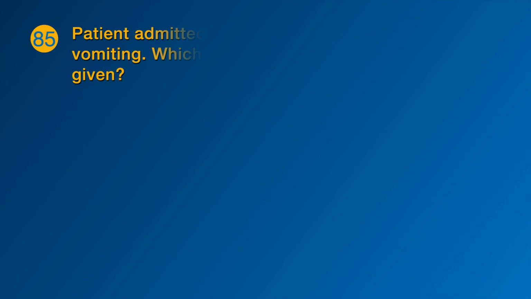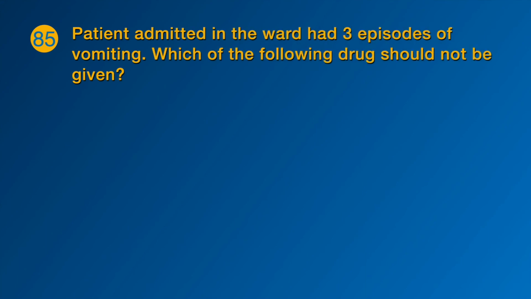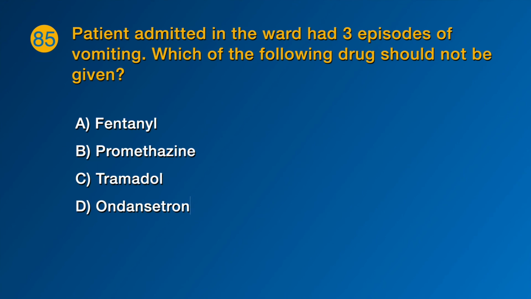Next question is, patient admitted in the ward had 3 episodes of vomiting. Which of the following drugs should not be given? Options are phentermine, promethazine, tramadol, ondansetron. So answer is C. Tramadol, because even a single dose of tramadol causes severe vomiting and continuous vomiting causes severe dehydration in the body.